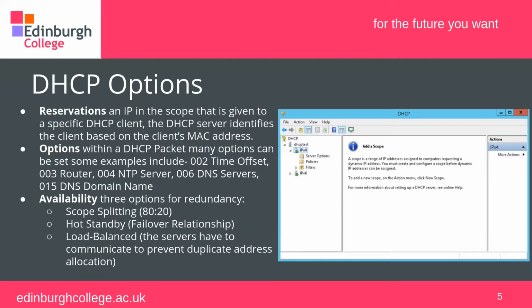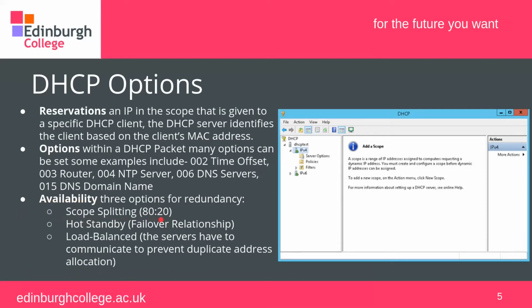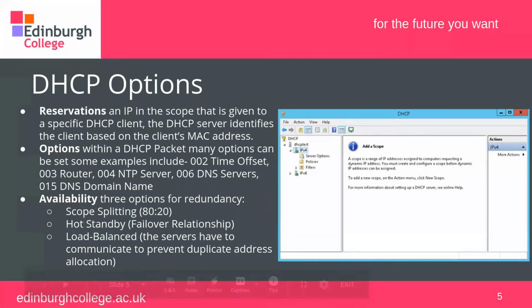Some other options for DHCP as well, we can do scope splitting. So one server can do 80% of the scope and another server as a backup can do 20% of the scope. We can also do hot standby. Hot standby is when we have one DHCP server waiting in a failover relationship, just in case the primary DHCP server fails.